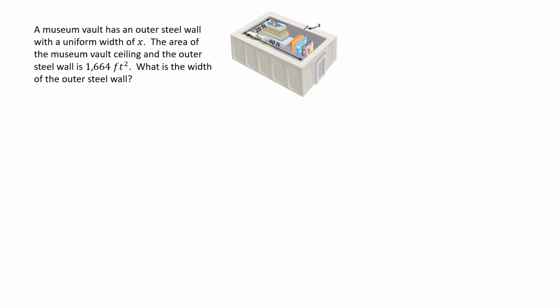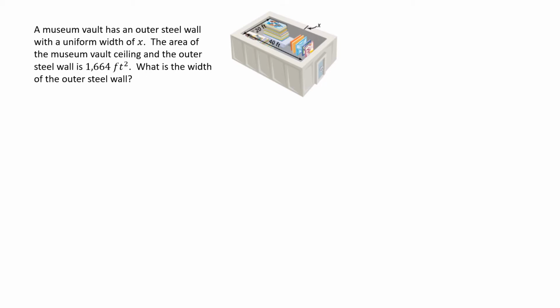We can do it with an application problem. We set these up last chapter. A museum vault has an outer steel wall with a uniform width of x. It shows us in our picture. The area of the museum vault ceiling with the outer steel wall is 1,664 square feet. What is the width of the outer steel wall? So we need to find x.